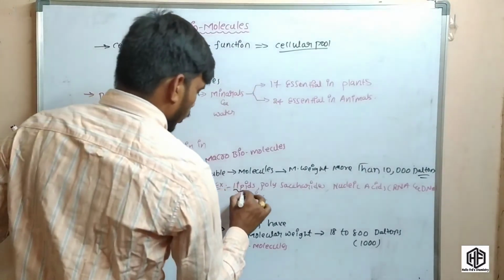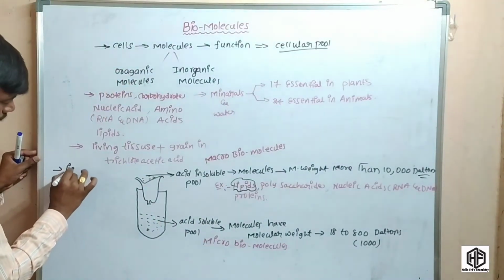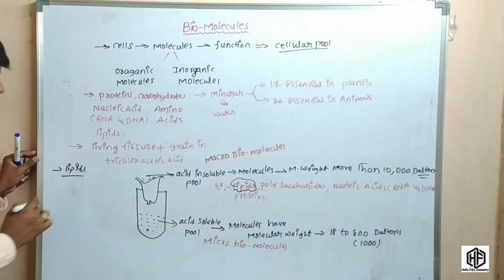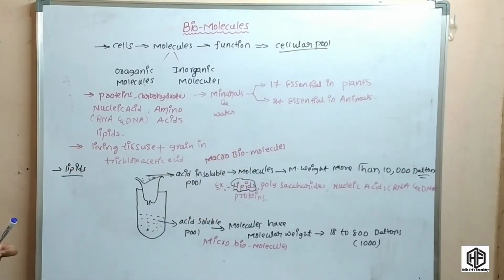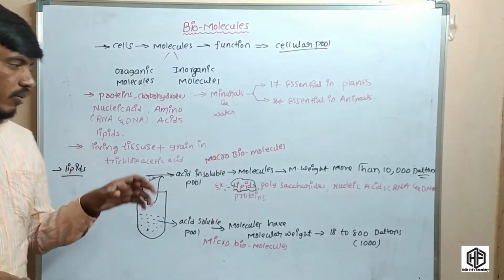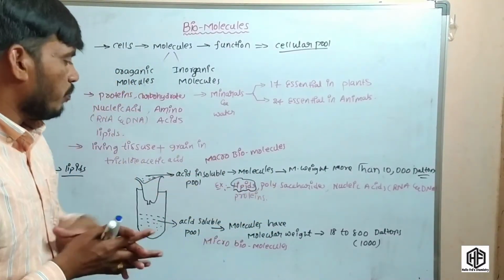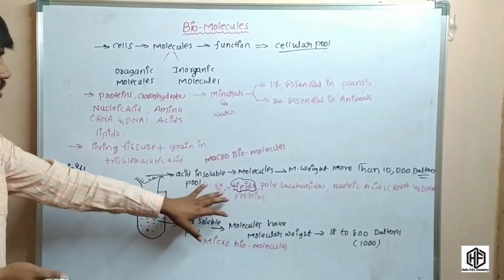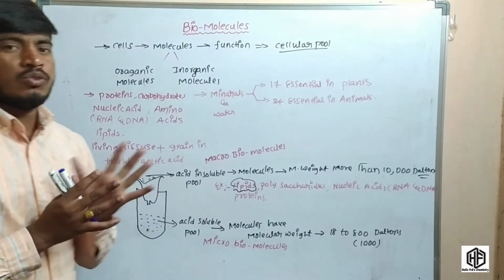So this is one more important point, friends. Lipids are macro biomolecules on the basis of this experiment, because lipids are hydrophobic in nature. So when this lipid tissue is placed in trichloroacetic acid, what happened there, friends?